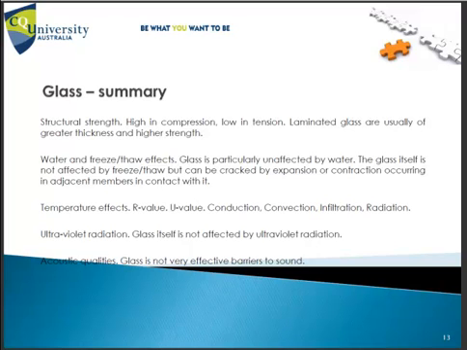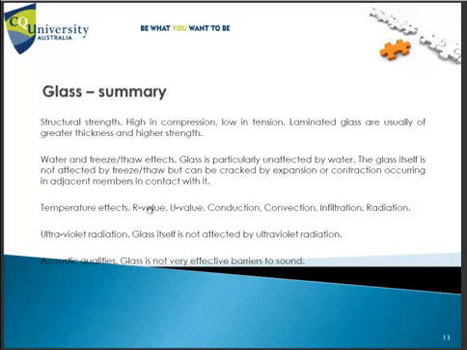Summary of the glass properties. Glass is high in compression and low in tension. Laminated glass is usually of greater thickness and high strength. Water usually does not have an effect on glass. The glass itself is not affected by freeze and thaw, but sometimes it can be cracked by expansion or contraction due to other types of materials in contact with the glass.